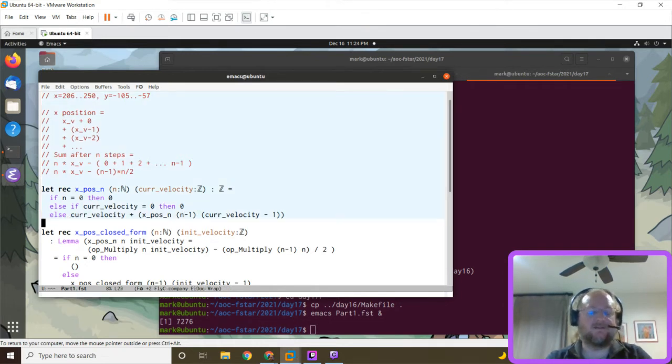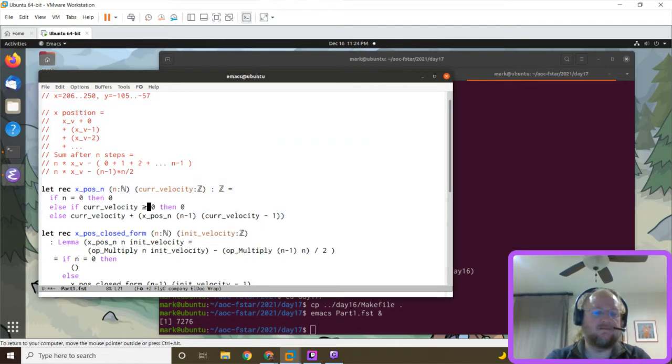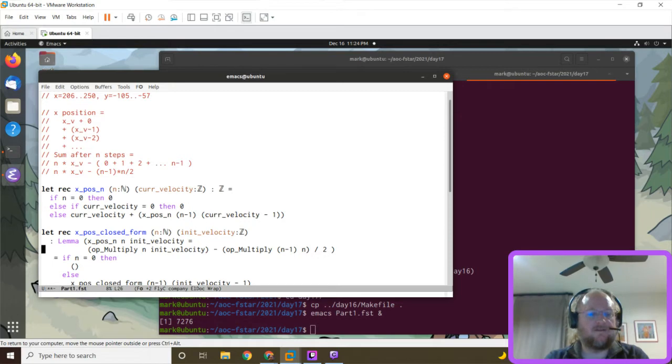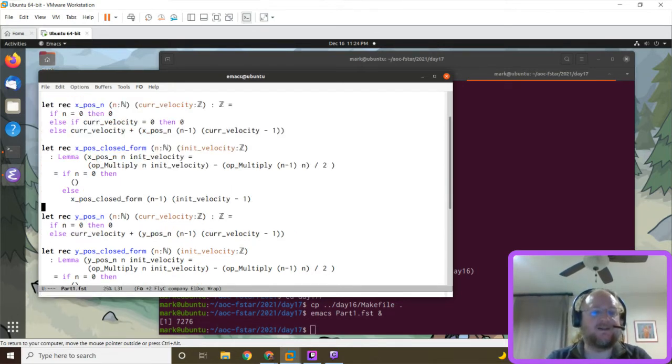All right, so if the current velocity is 0, we just stay there. We don't slow down. All right, so now our lemma is false, and we gotta fix it again.